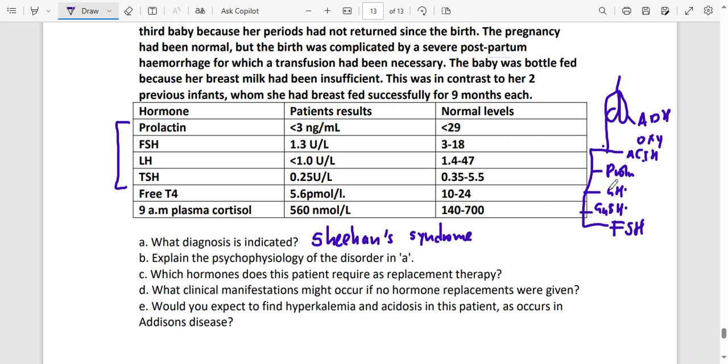Okay, so there. Explain the psychophysiology of the disorder in A. What is the psychophysiology of this disorder? Anyone? Any idea? Be free to contribute.